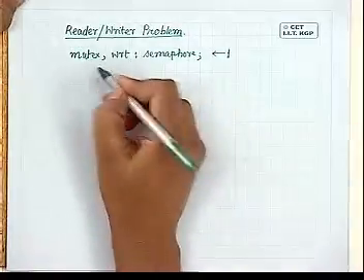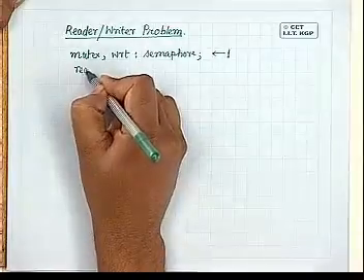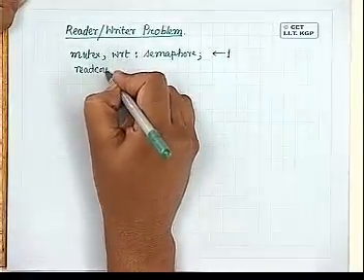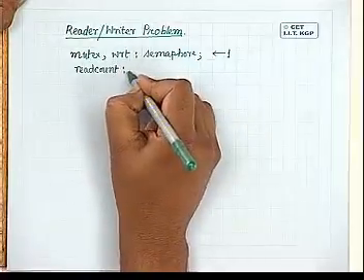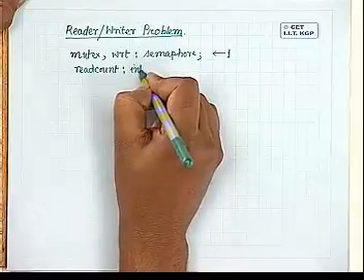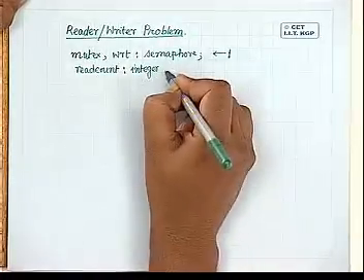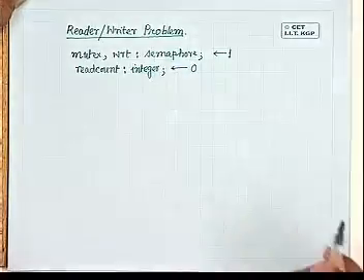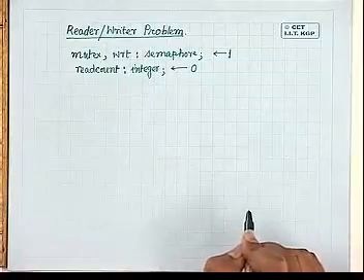We use one more integer variable, say read count. This read count is an integer variable, and we assume that initially its value is equal to 0.